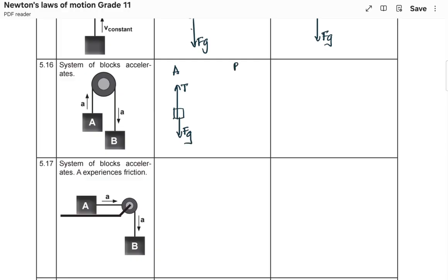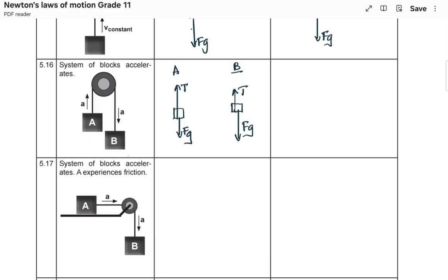For B, the tension will be less than Fg.